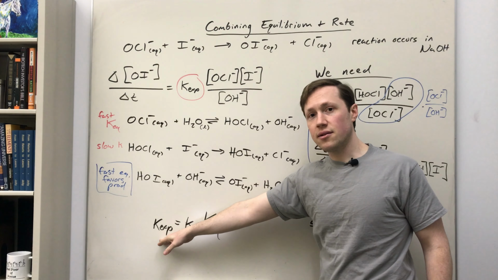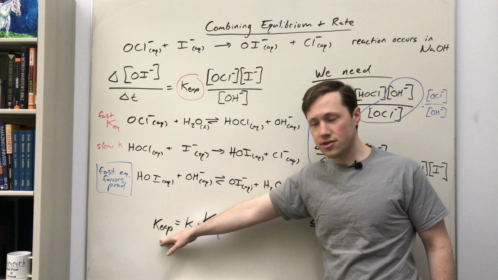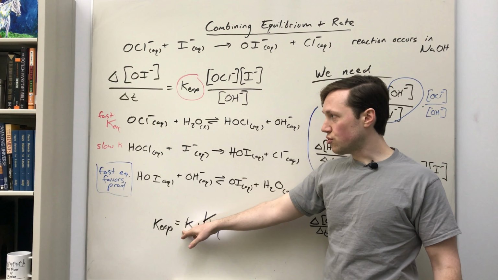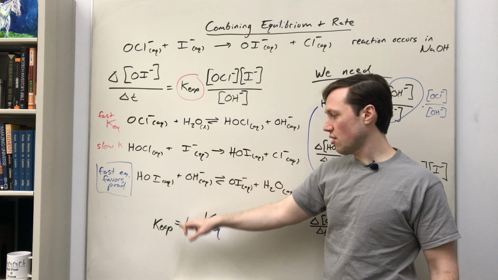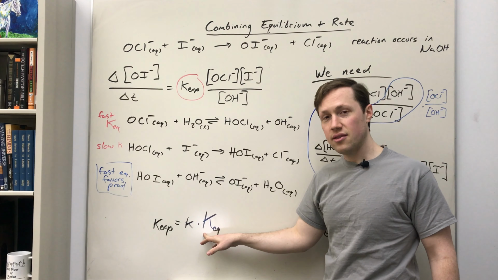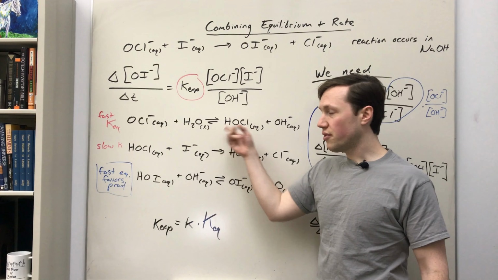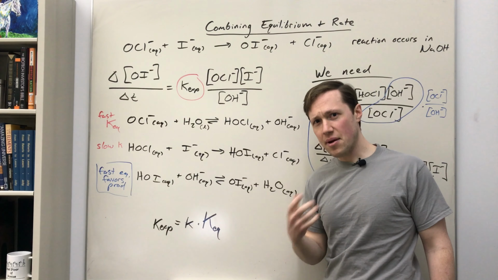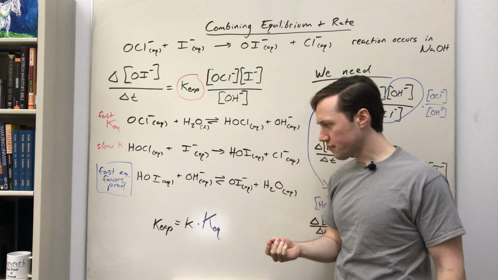Our experimentally observed rate law constant is equal to the rate law constant of this slow step times the equilibrium constant of the first step. Let's think about what that means for a minute.